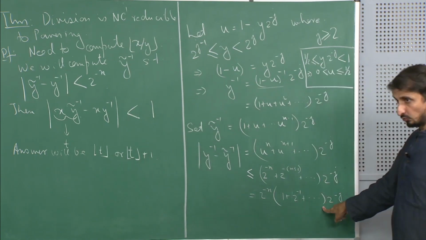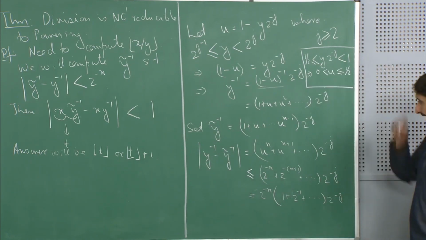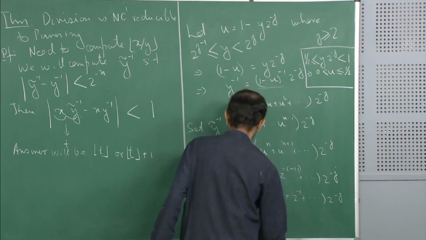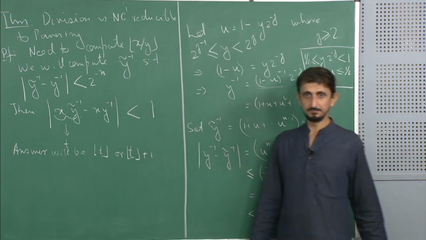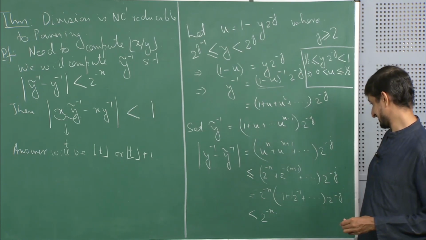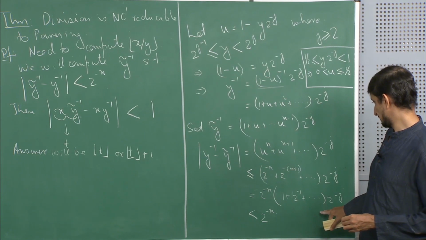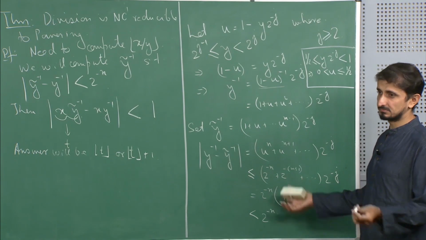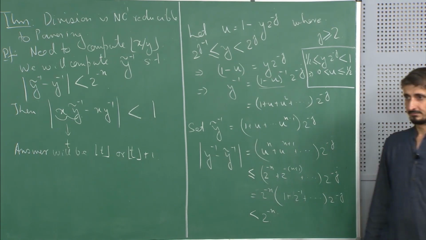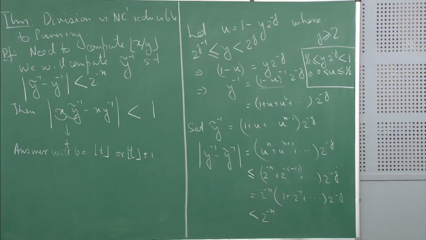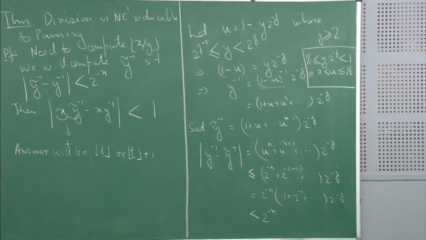This sum is bounded by 2, and j is at least equal to 2, so therefore this is less than 2 to the power minus n, as we wanted. Okay. So 2 divided by 2 is, it is less. So anyway it is less than 1. Okay. So this is the analysis. So this is what we actually wanted.